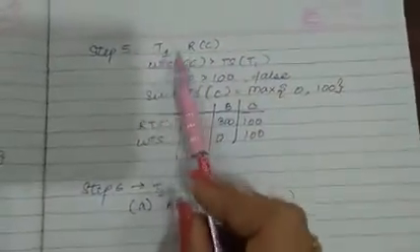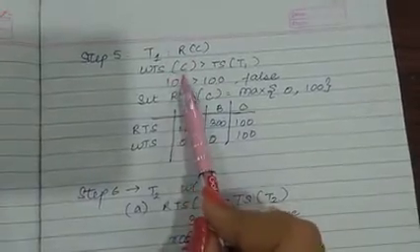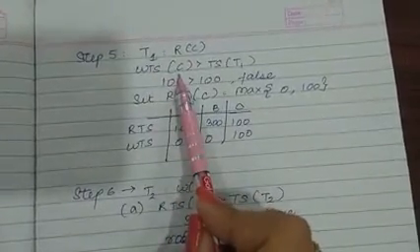So we have now executed up to this. Now this is RC, of transaction T1, T1 RC.